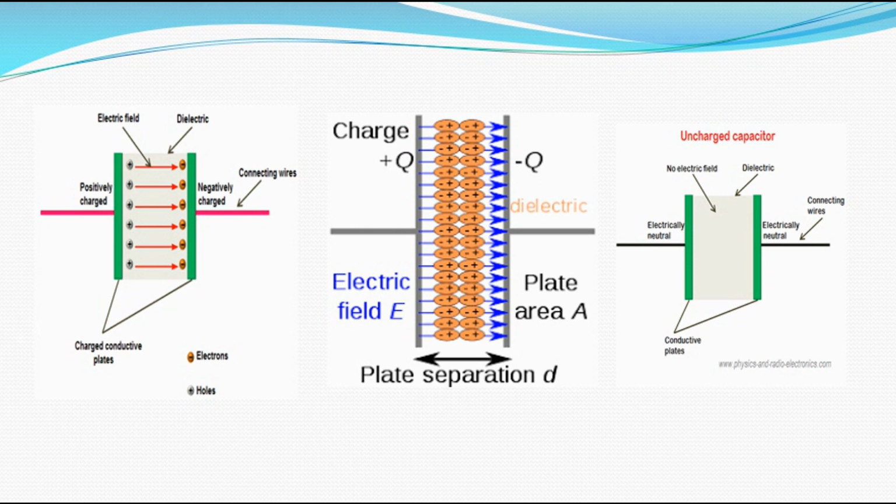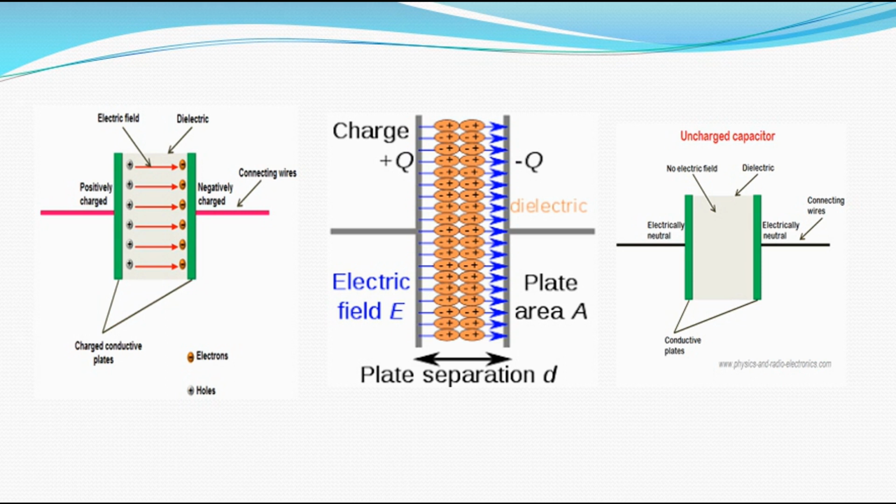Now let's go to the one on the right-hand side. All these are called an uncharged capacitor. This one is when it is not under electric influence. So in that case, the space here is the dielectric. Here also is dielectric as well. Just as I said before, the two poles are conductive plates, which have a distance between them. Now here you can see there is no electric field.